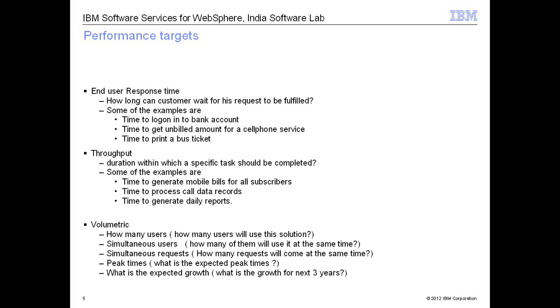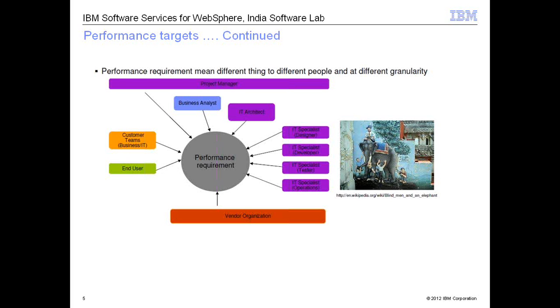Now let's say we started a project, we got to know the use cases, and we said this is the response time, this is the volumetrics, these are the number of users who are going to use the system. And the project started. As we can visualize, a project is not going to be delivered by just one person or one team. It's going to be a set of people working together to deliver this.